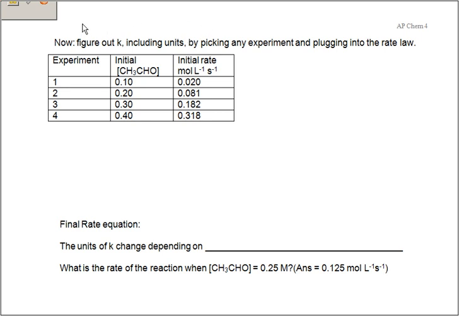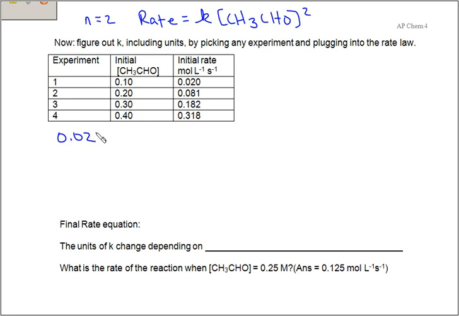So we established that N equals 2. So our rate law is rate equals K times the concentration of our reactant squared. So we're going to solve for K by pulling any one of these out. And so let's pull this one out here. We're going to have 0.020.